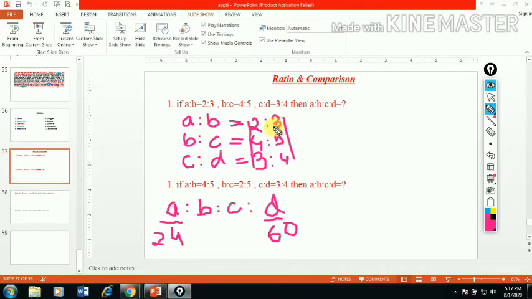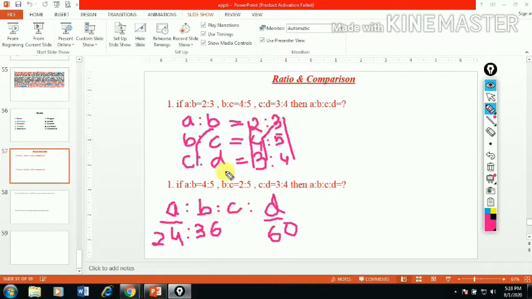Now you have to find B and C. For B, you multiply 3 with 4, then with 3. 3 multiply 4 is 12, 12 multiply 3 is 36. So it will be 36.